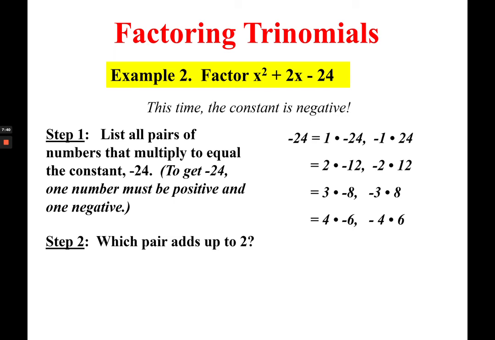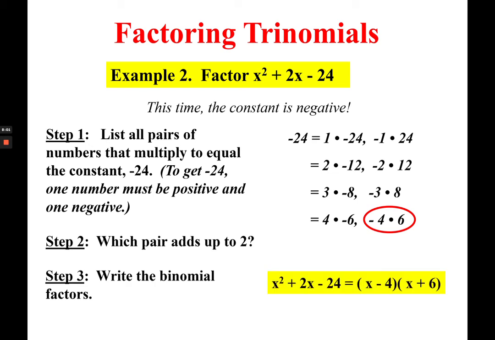Your next deal is which pair adds up to the coefficient of the middle term, which is 2, the 2x. Scrutinizing every pair, negative 4 and 6 adds up to positive 2. And therefore, write down your factors: x times x, and then your pair is negative 4 and 6.